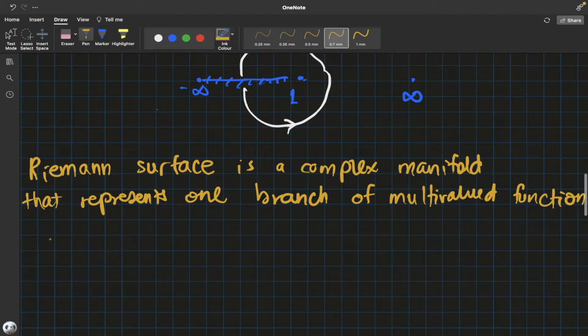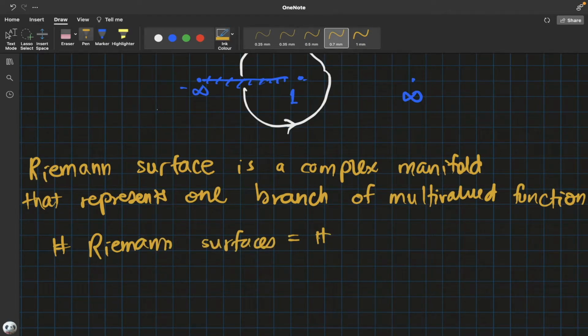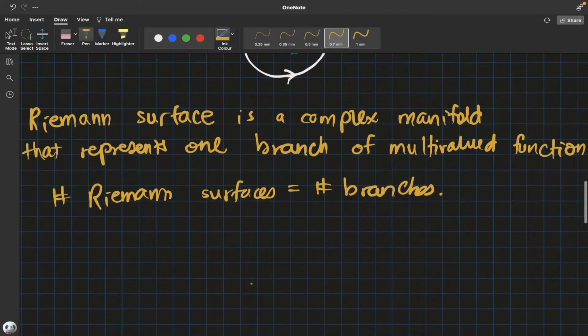So the number of Riemann surfaces for a given function is equal to the number of branches for a given function, or the number of distinct values it can take.